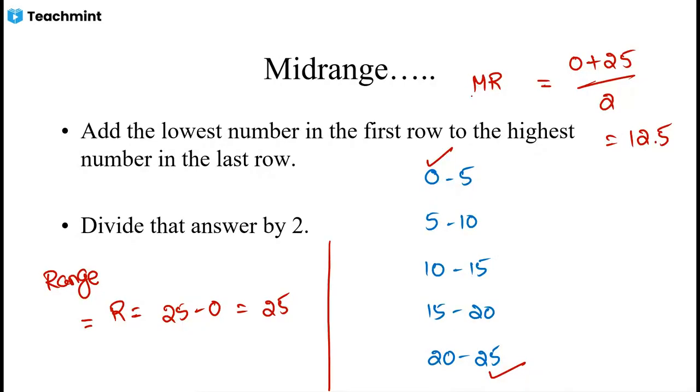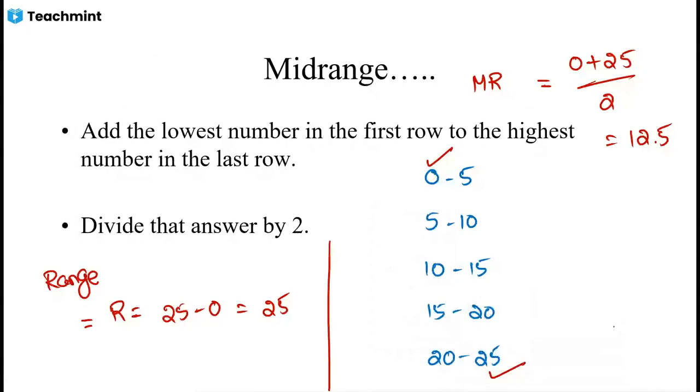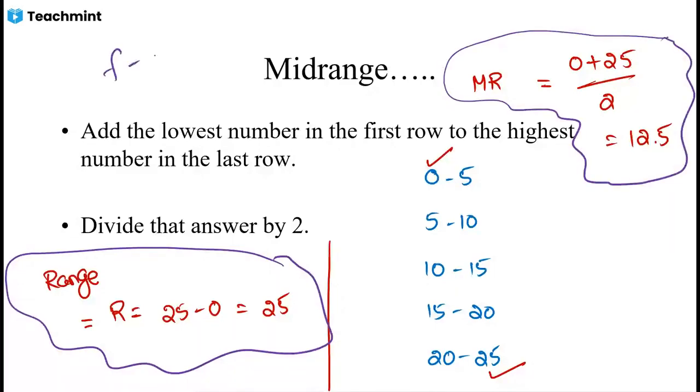Whereas mid-range is adding those two and dividing by 2. Here, subtracting those two is nothing but range. So I hope you got the clarity. No need of F here. I don't worry about the frequency. For mid-range or for range, frequency is not required. Only that interval is required.